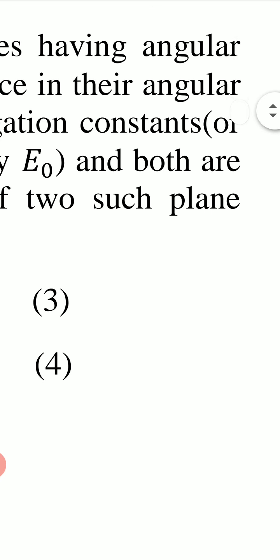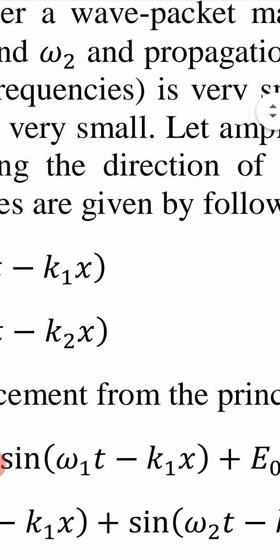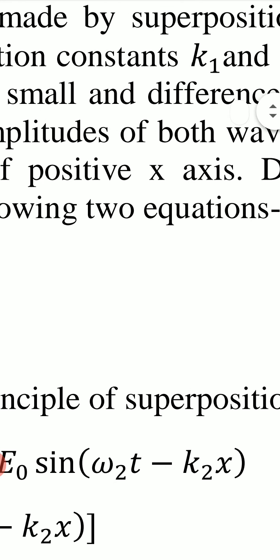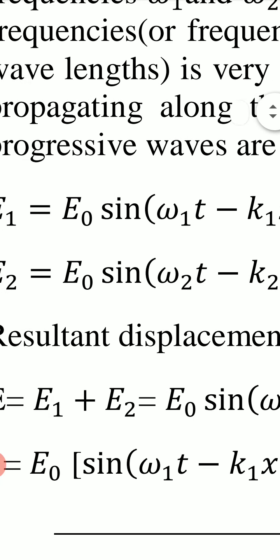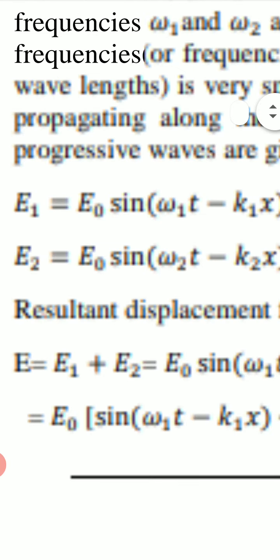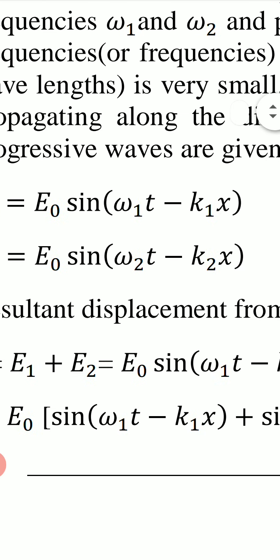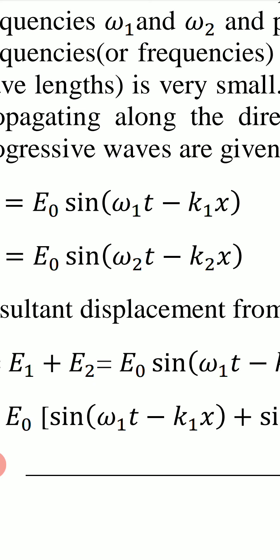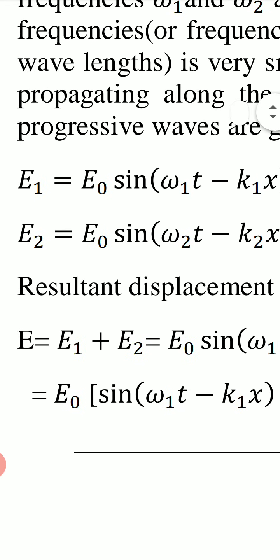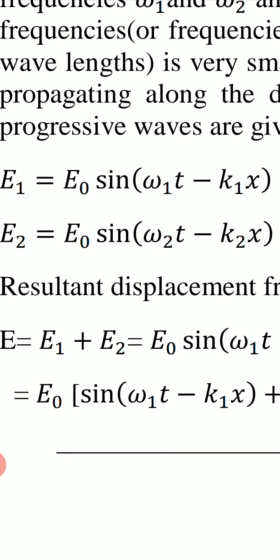Displacements of two such plane progressive waves are given by the following two equations. Displacements are given by E1 and E2: E1 is equal to E0 sin(omega 1 t minus k1 x), and E2 equal to E0 sin(omega 2 t minus k2 x).